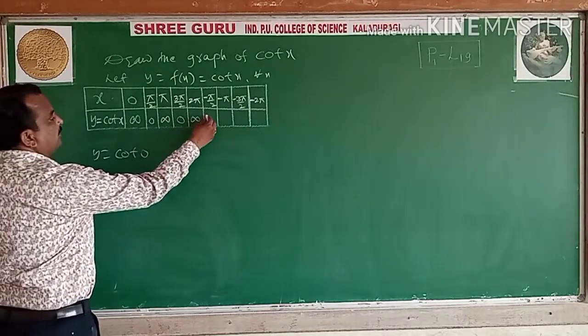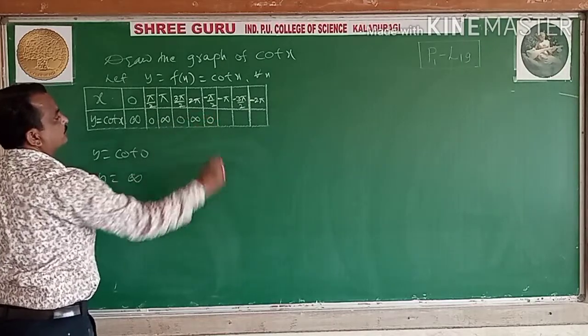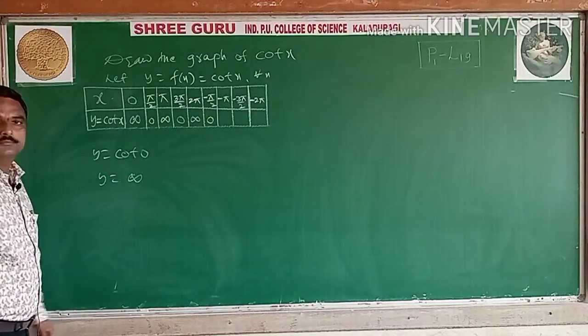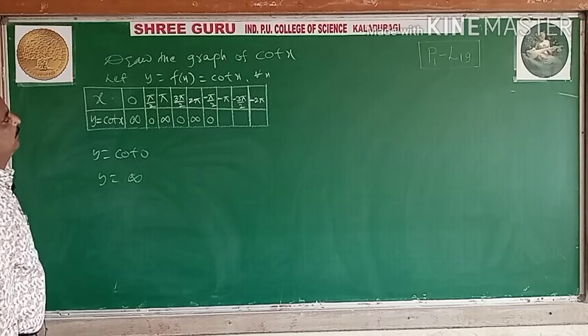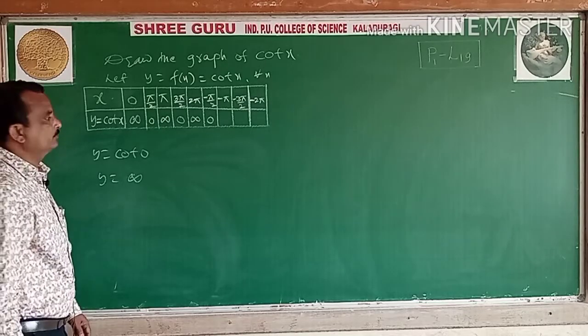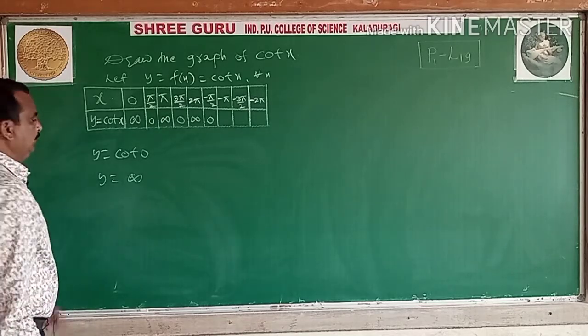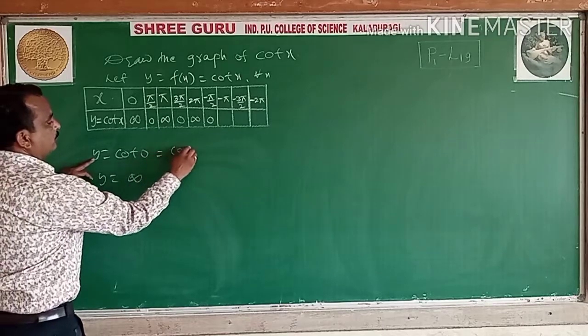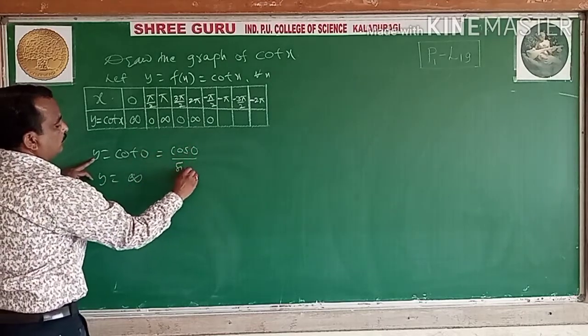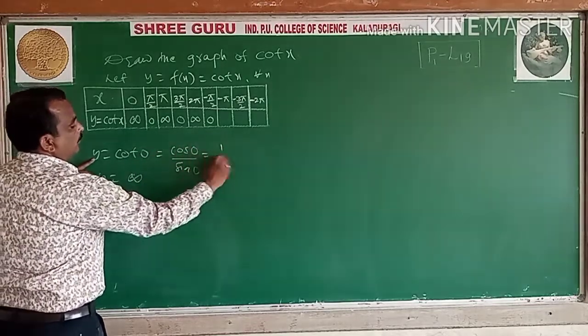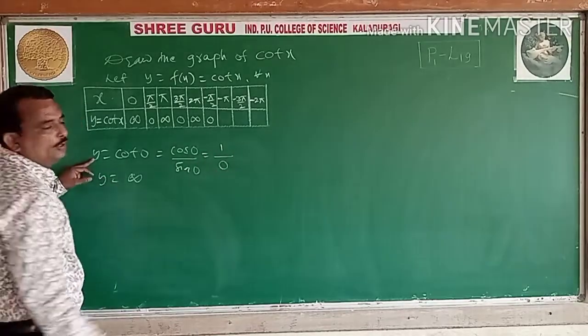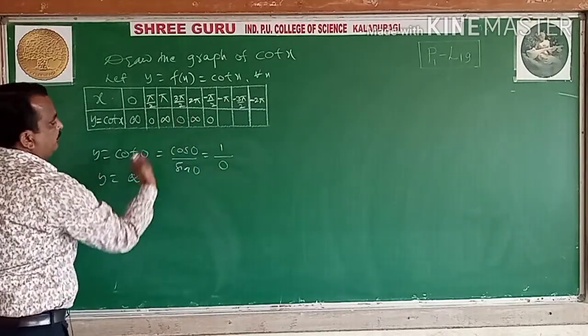Next, minus pi by 2 gives 0, since cot of minus theta is minus cot theta, and cot 90 is 0. You know cot 0 is cos 0 by sin 0; cos 0 is 1 but sin 0 is 0, and any number divided by 0 is infinity.